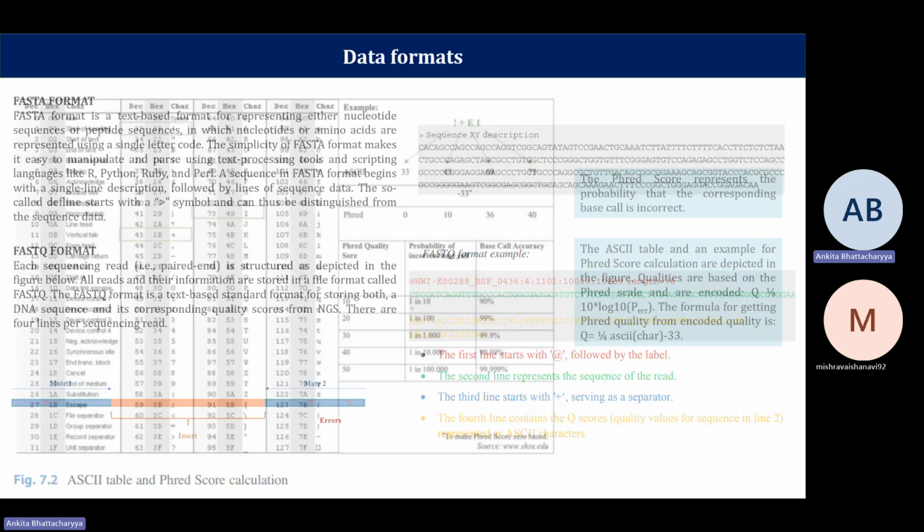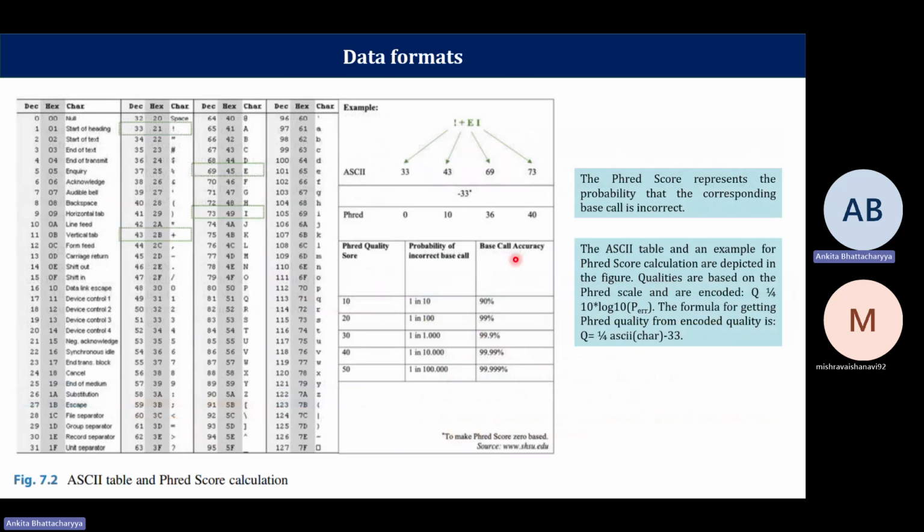Then we understood how that Q score is determined or assigned. And for that, we refer to this parameter known as the Phred score, which gives you a readout as to how well that sequencing has occurred.